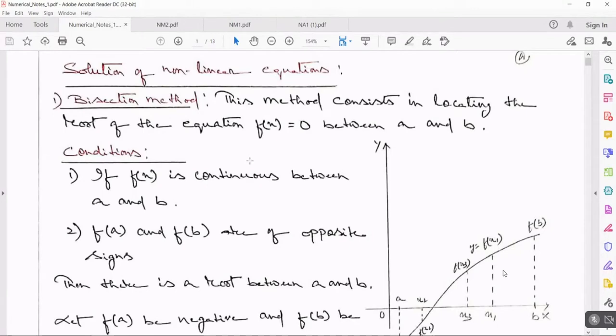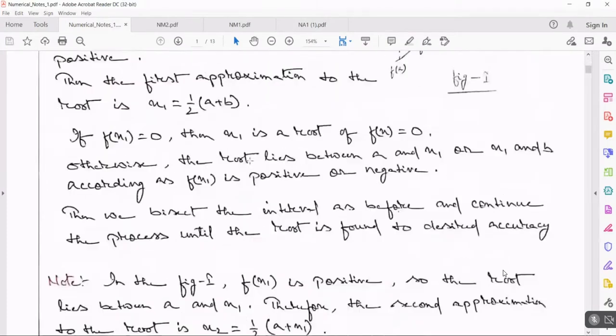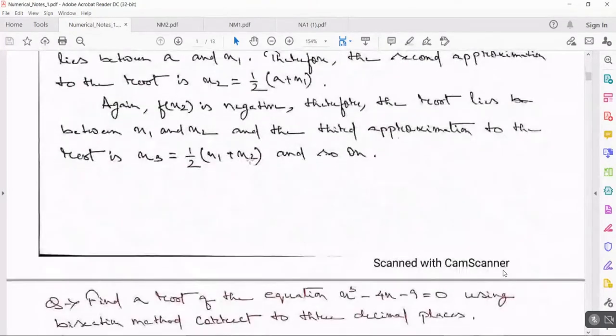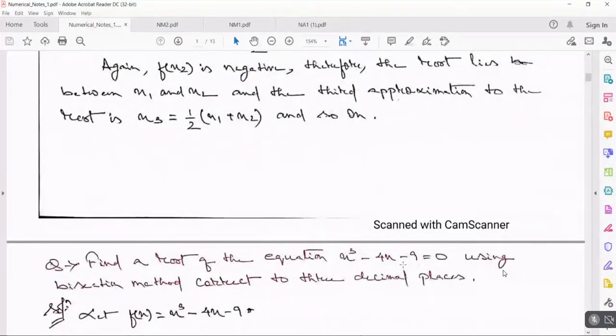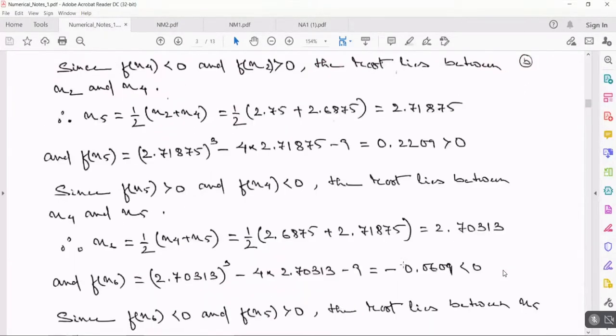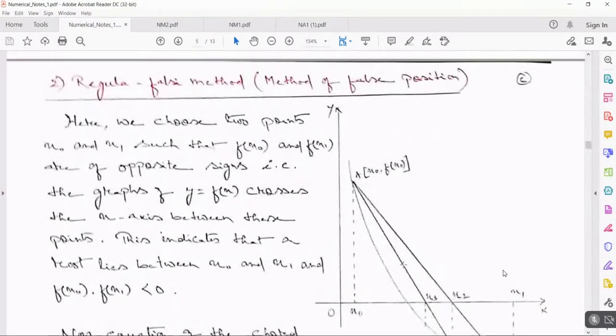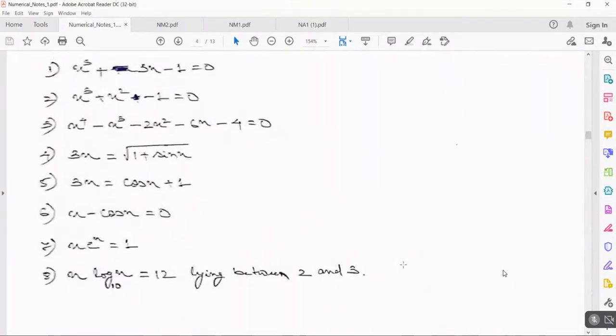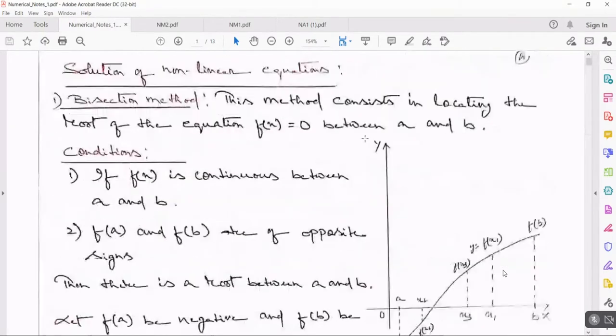We will also learn the solution of algebraic equations, like x^3 - 4x - 9, and transcendental equations, and we will develop these methods for such situations to get the root. All this we will discuss tomorrow.